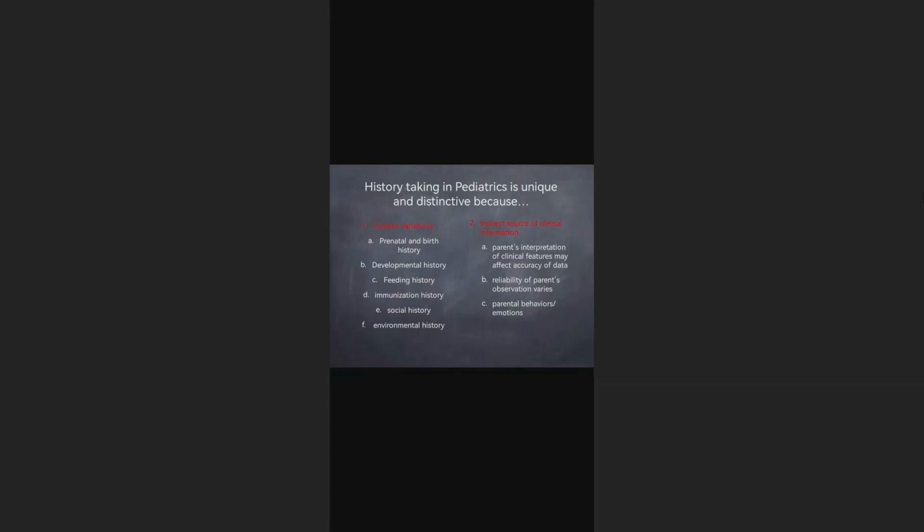For example, the mother had illness during the course of pregnancy that is very pertinent to the history of the neonate. We also have immunization history. In pediatrics, we are very particular with the immunization history because sometimes the choice of antibiotics in pediatrics matters with the history of immunization.